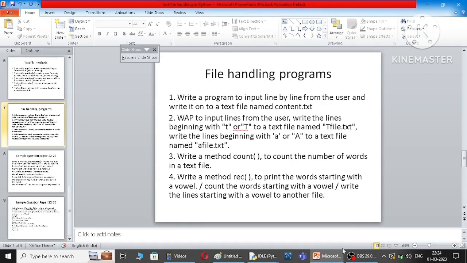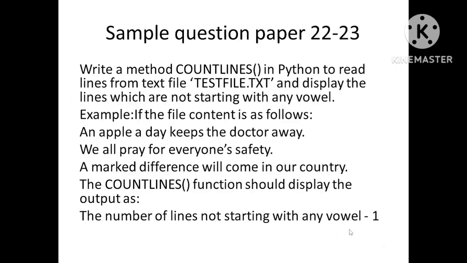So this is how you will write the lines starting with the vowel to another file, right? Next we'll see what is the question that is given in the sample question paper regarding text files. Write a method count lines in Python to read lines from text file testfile.txt. Display the lines which are not starting with any vowel. So we are not going to display the words, instead we are going to display the lines.